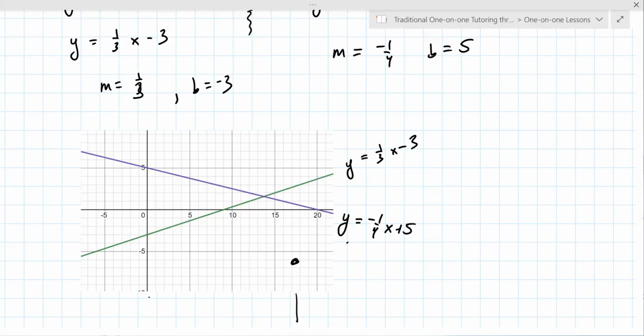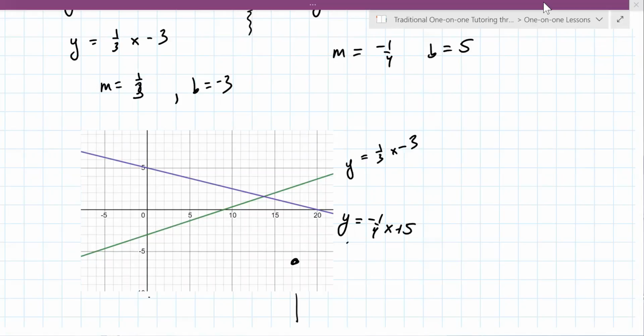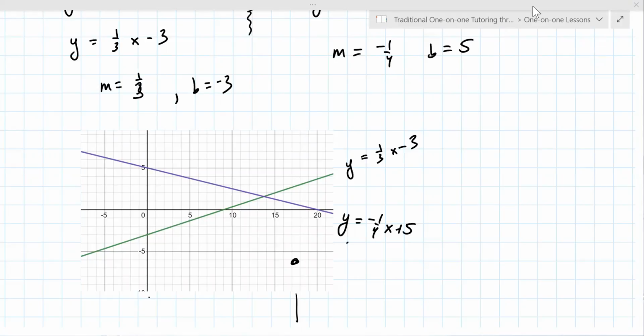Okay. Very good. Do you have this down for that one? Sourish, do you have this down in that box for the graph? Yeah, I need to just write the numbers. What numbers? Y equals 1/3 x minus 3. Oh, okay, the equations. Yes, absolutely. Okay, there we go. Great.